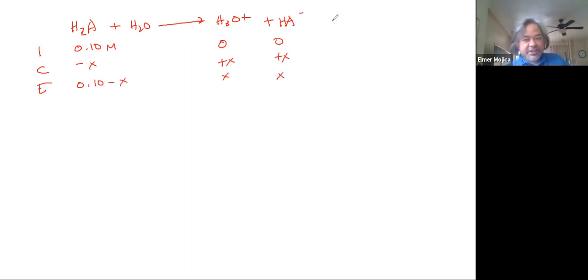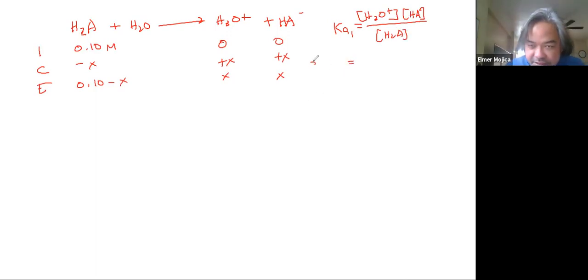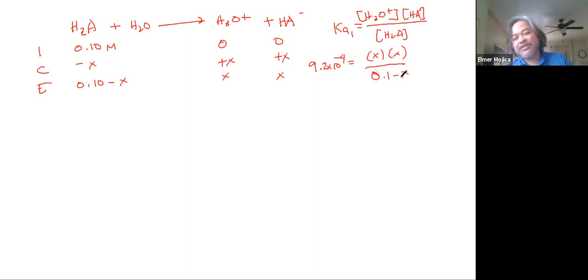Now, this is Ka1, which is the H3O plus times the HA minus over the H2A. You use the Ka1, 9.2 times 10 to the negative 4, equals X squared over 0.1 minus X. We cannot make an assumption here.